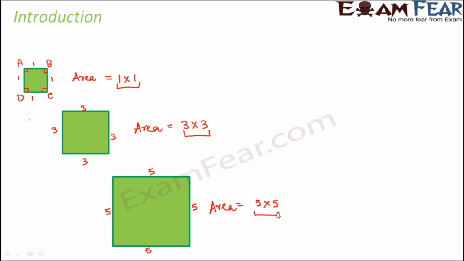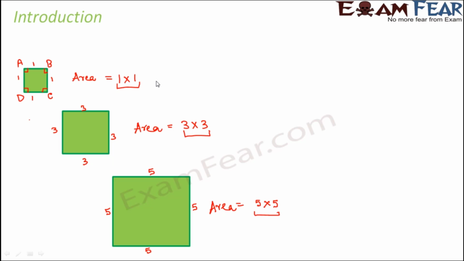So it doesn't matter what is the length of each side, but every time you find the area of the square, you are going to multiply a number, that number represents the side length, with itself. And whenever we multiply a number by itself, what we get is a square.